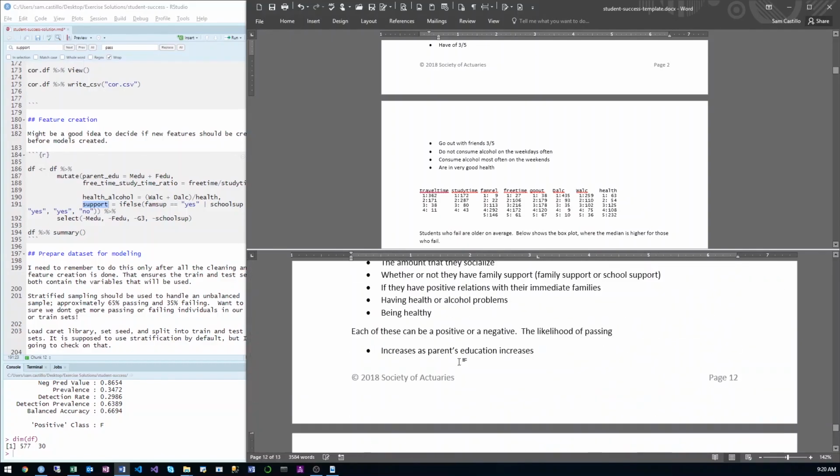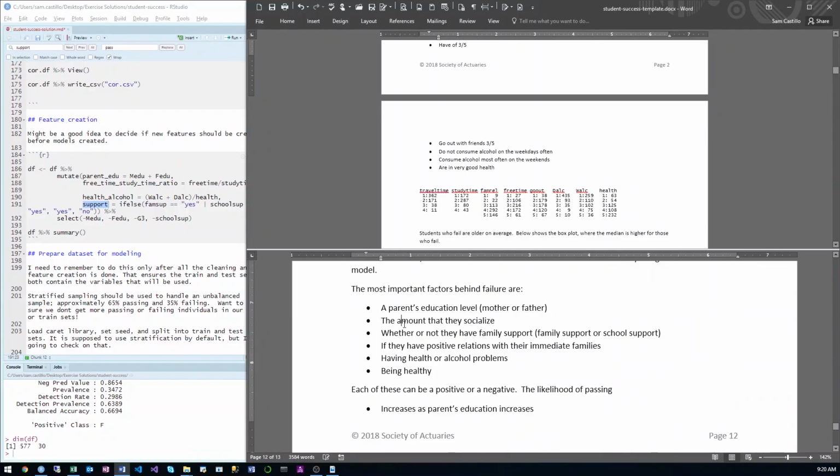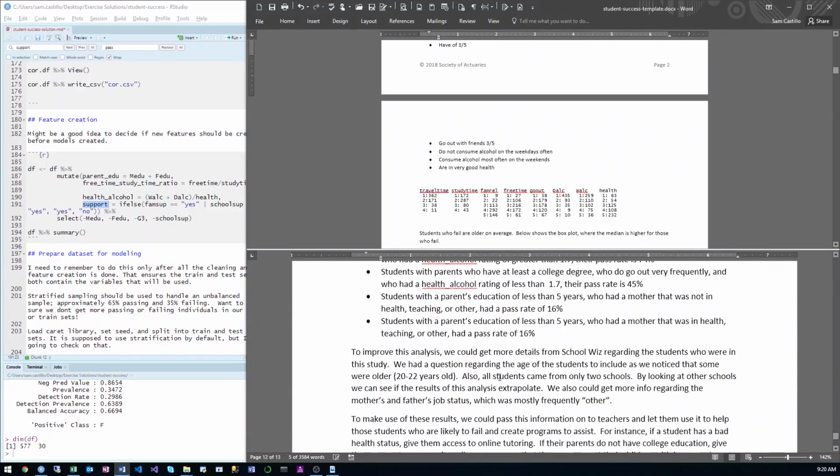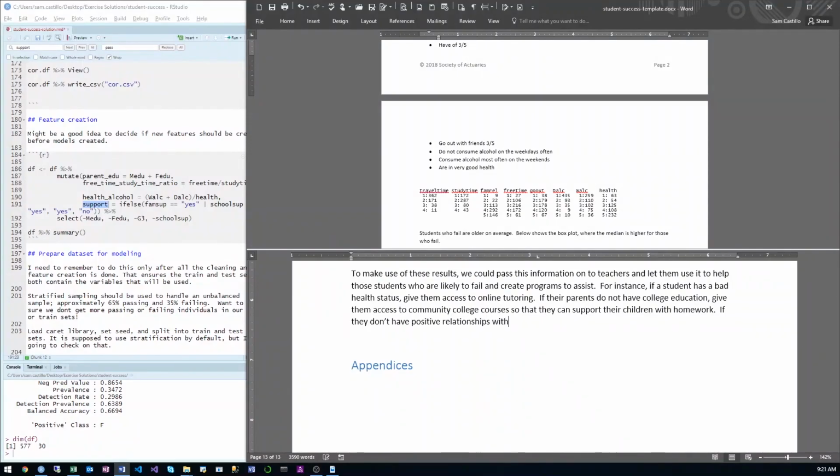So essentially what I'm doing is I'm just trying to read each of these changes and talk about how it could be used. If they don't have positive relationships with their families, or are in troubled living conditions, provide after-school programs and sports so that they can feel included.